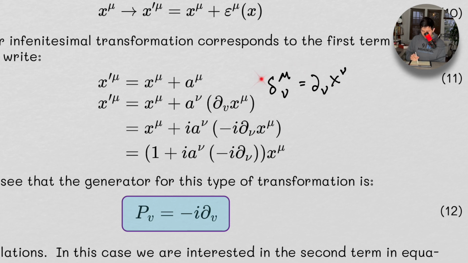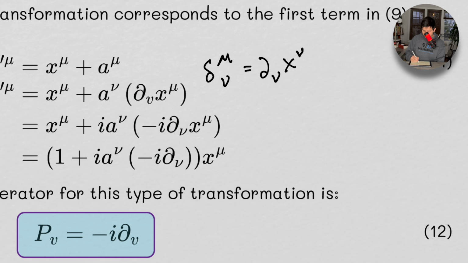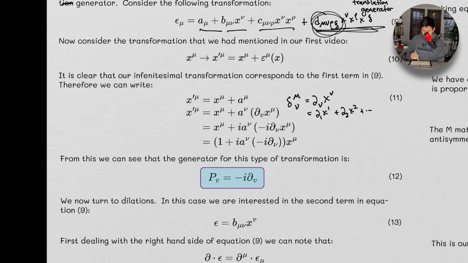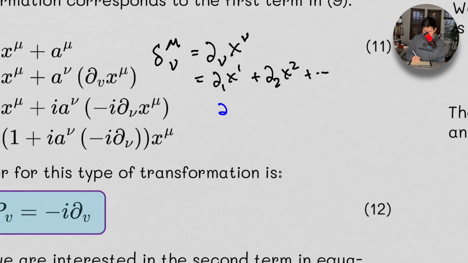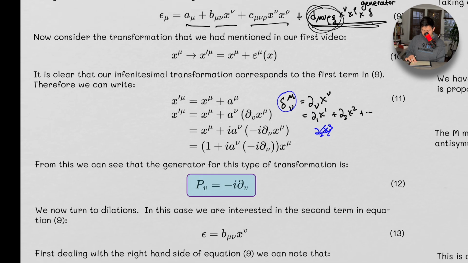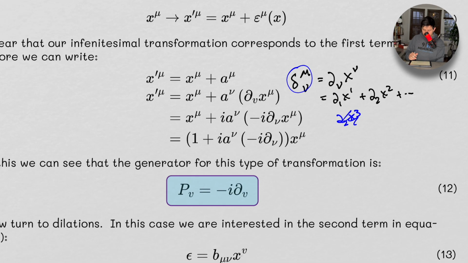We're using this to get to here, because this partial derivative is going to boil down to d1 x1 plus d2 x2 plus so forth. If we do something like d2 x3, well, that's a no-go. That's going to give us a factor of 0. So that's how we can get from here to here.